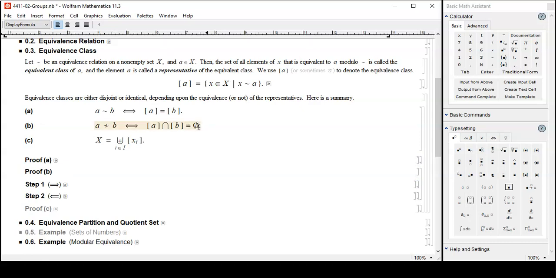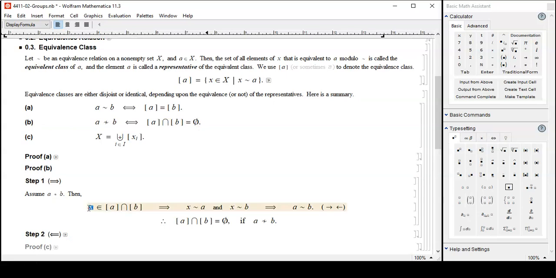Well, this forward direction is going to be the trickiest. Assume that A and B are not related, and we have to prove this is an empty set. So how do you prove something is an empty set? Well, let's choose something from the intersection as if this is non-empty, and let's derive a contradiction.